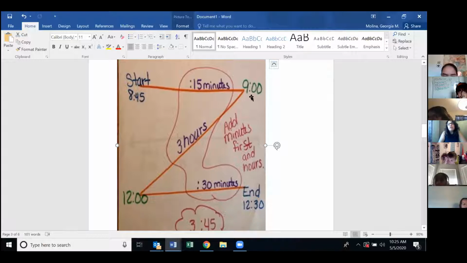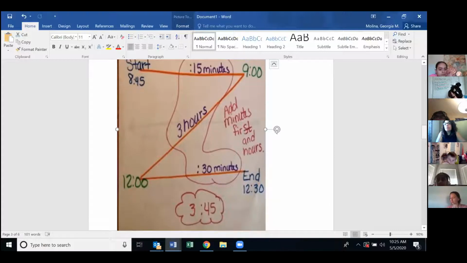So now you have all your points, your corners, written down with hours. So then you go from 8:45 to 9 is 15 minutes. Then you come down here and you go 12 to 12:30 is 30 minutes. And then you have to figure out the hours. So you have to count from 9 to 12. So 10, 11, 12, that's 3 hours.